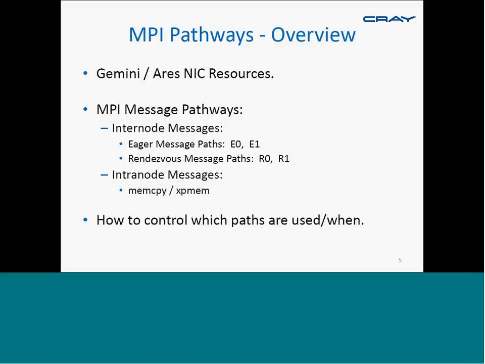Generally, if you have one process or one thread that wants to communicate with another process or thread on the same node, Cray historically would take your MPI transfers between these 2 processes and essentially optimize away all of the MPI stuff, and what would happen is a memcpy. That's the standard routine.